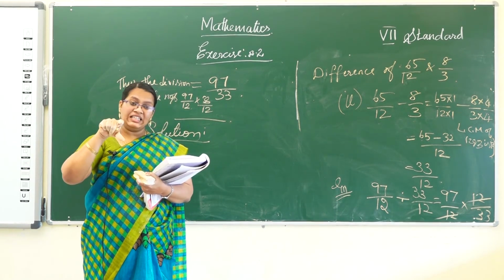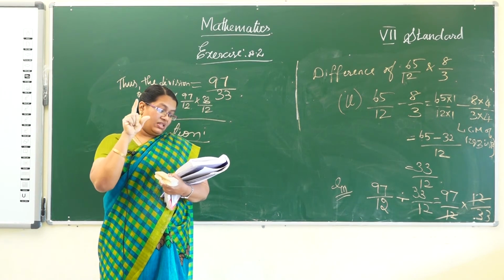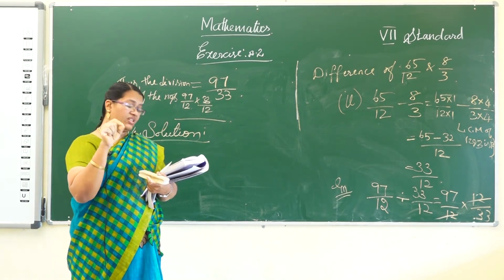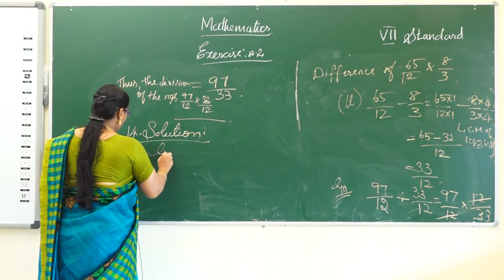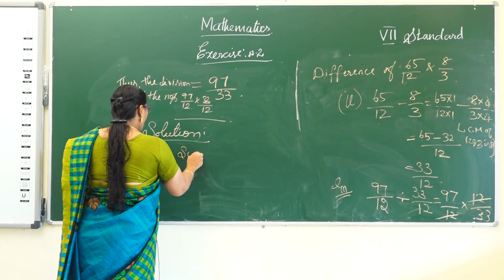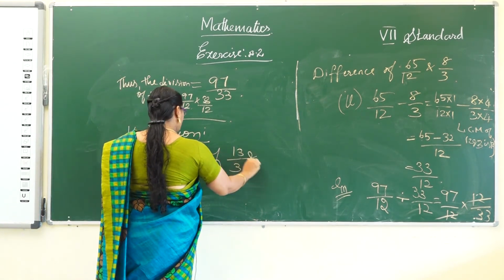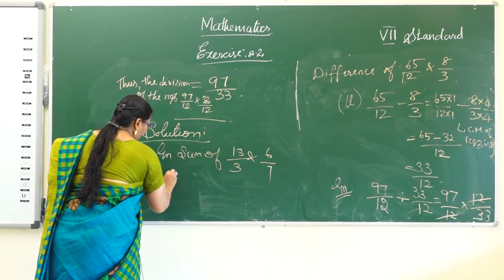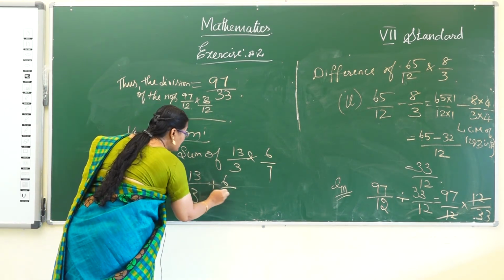So first calculate the sum of the first two numbers. Okay, so first, what is given: the sum of 13 by 3 and 6 by 7. First find the sum of these two values. That means the addition of 13 by 3 plus 6 by 7.